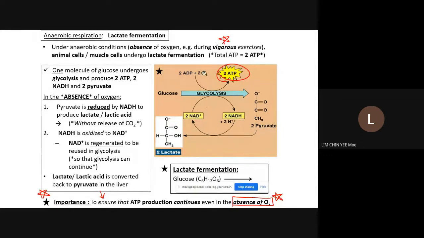So it's fine because our muscle cells can still produce ATP even when we don't have oxygen. So the cells will turn to lactate fermentation and produces a little amount of ATP, only 2 ATP produced, but it's enough to keep the cells working. And that's the importance, and ini pernah keluar dalam past year.